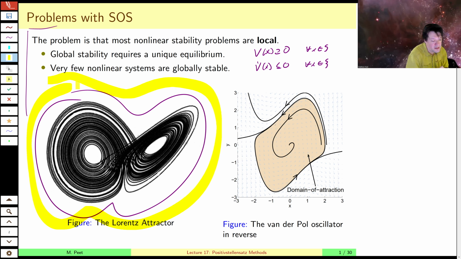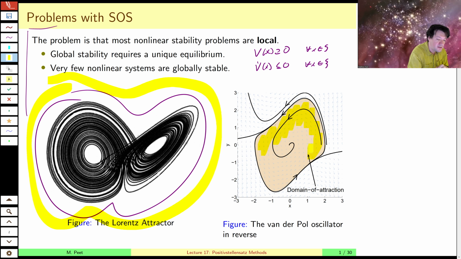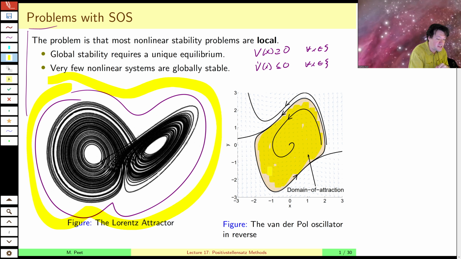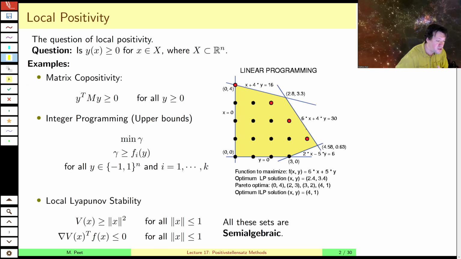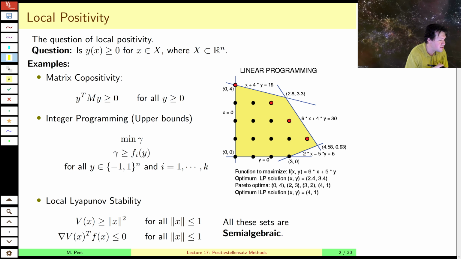In the van der Pol oscillator, we were looking for a Lyapunov function which was decreasing in reverse time, at least, inside some set, inside the unit ball is what we usually took. But in any case, both of these are not global. They're local positivity and negativity questions. And so obviously we're going to be looking for how to enforce those types of positivity and negativity conditions.